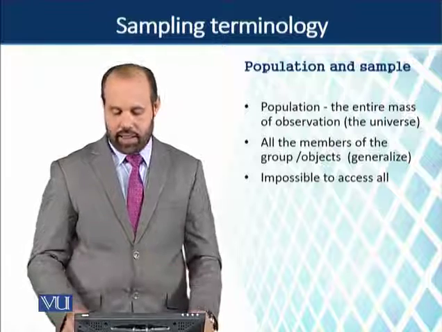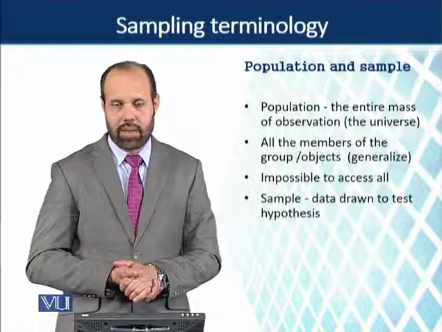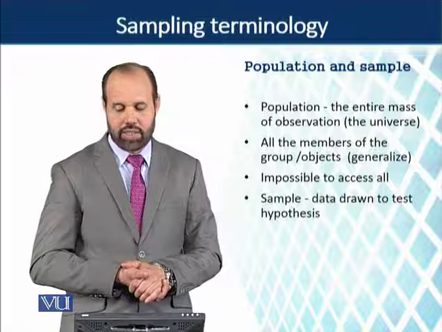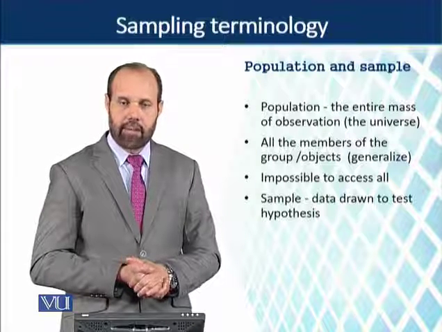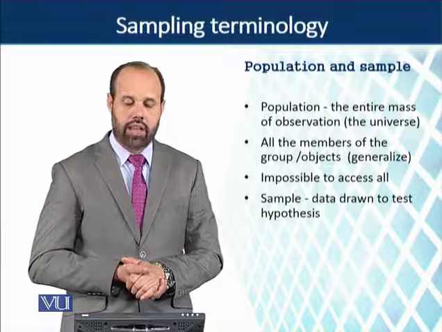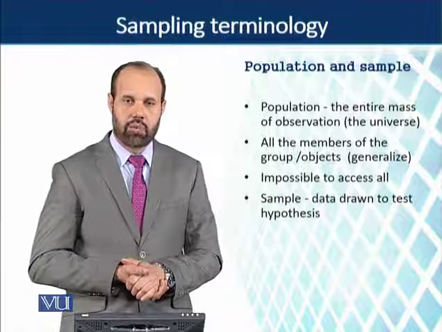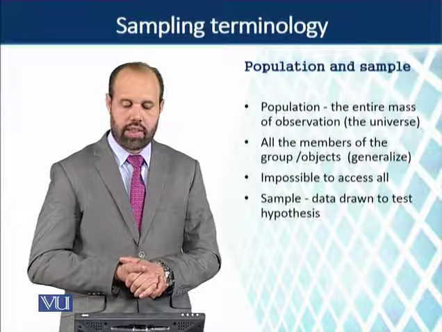So that is basically the sampling terminology and the sampling technique, right? So population is basically the entire mass of our observation, right? And it is the group which includes all members, all individuals, right?